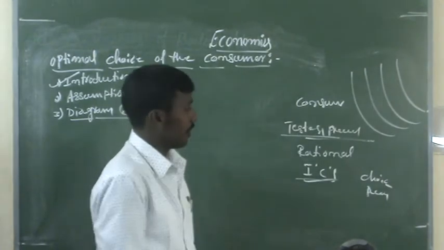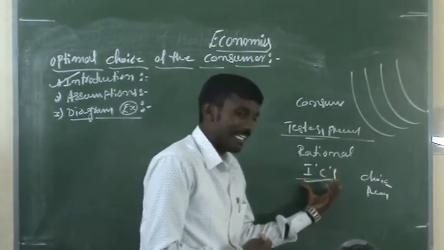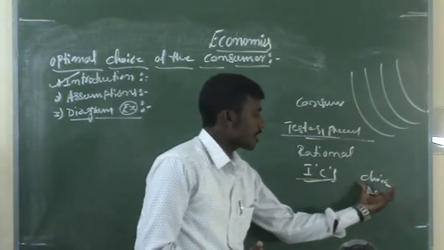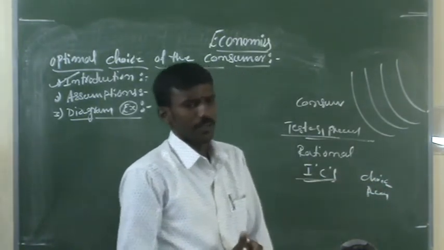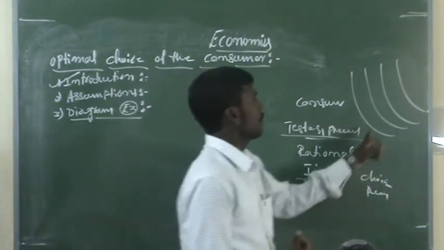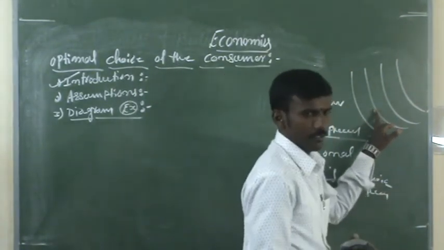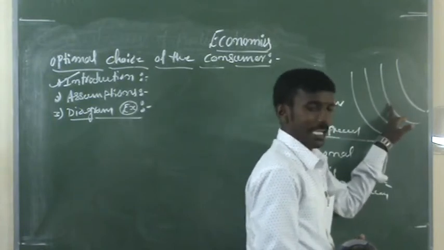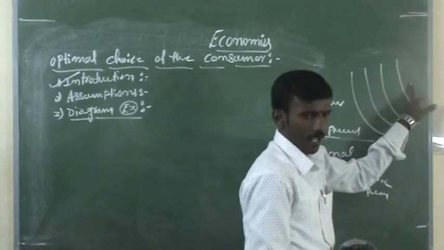That is what I'm saying here, the indifference curves depict or show the choice and priority. Maybe a consumer has 20 rupees, ಅದು ಈ ಕಡೆಗೆ ಇದು ಕೊಡುತ್ತೆ, ಇದನ್ನ ಚೂಸ್ ಮಾಡ್ಕೊಳ್ತಾನೆ. A consumer has 30 rupees, they have to choose this one. A consumer has 50 rupees, they have to choose a higher indifference curve.